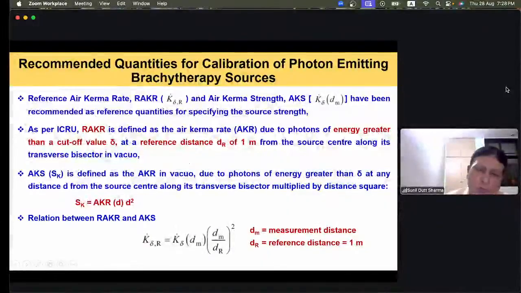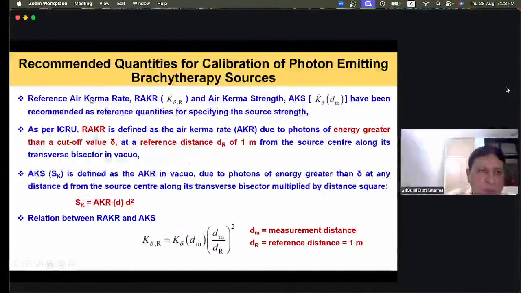Now coming to the use of this detector in source strength measurement. Before that, as I said in the beginning, IAEA TECDOC 1274 has prescribed the use of a quantity called reference air kerma rate, and AAPM TG-43 has recommended a quantity called air kerma strength.